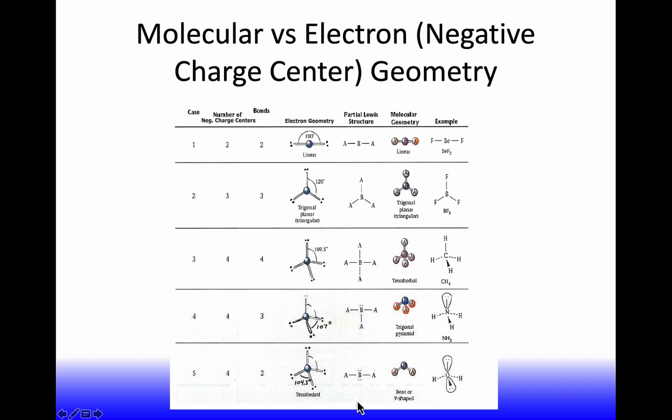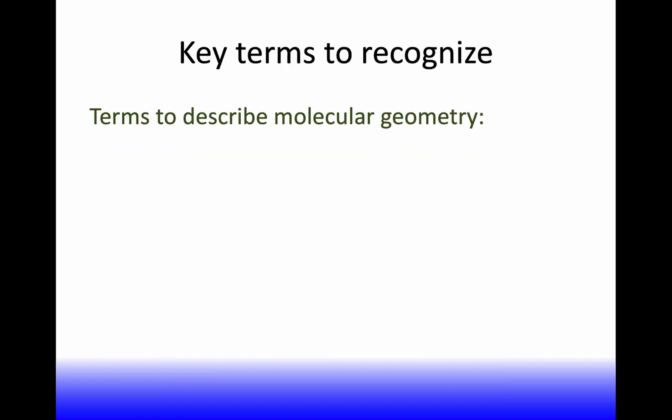It gives a partial Lewis structure to show roughly what things look like just using A's and B's. It will also give you the molecular geometry, including names. And it even gives an example with a 3D sketch. This is one of the sheets that you'll have, and you'll need this to do the basic molecular geometry.